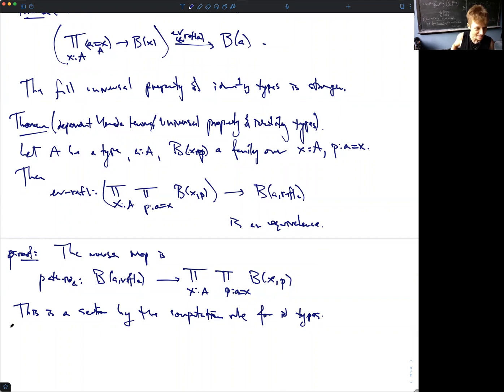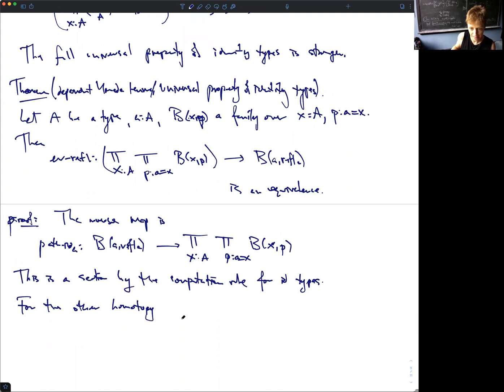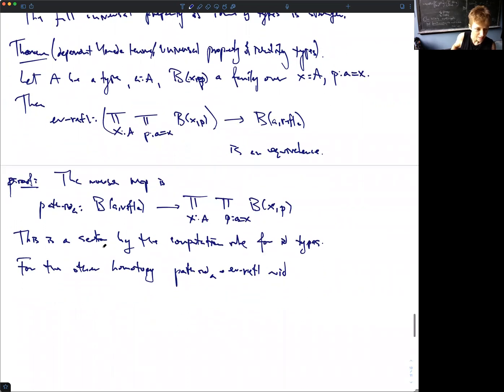That's always the case. For the other homotopy, this is the hardest part. I need a homotopy between what happens if I do the path induction thing second and the evaluation at refl thing first. I need a homotopy from that to the identity.